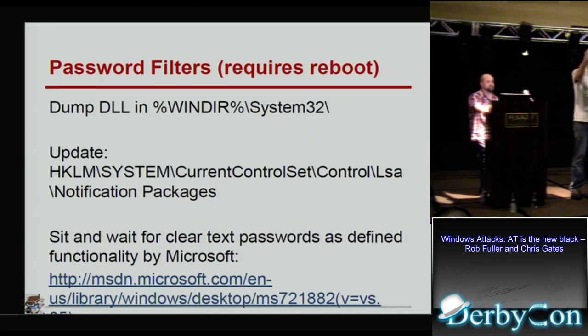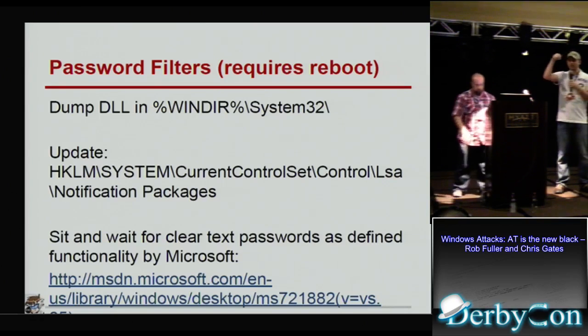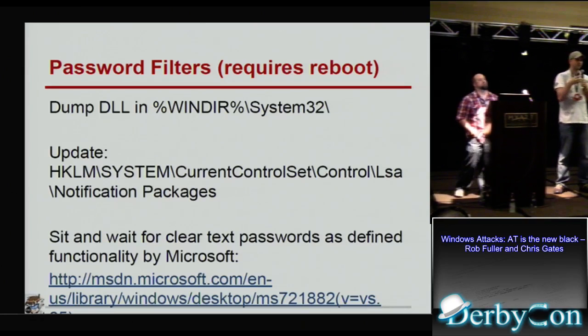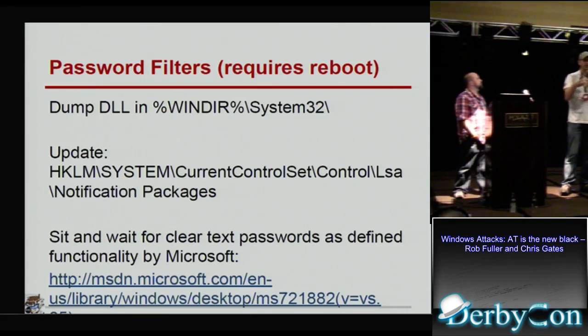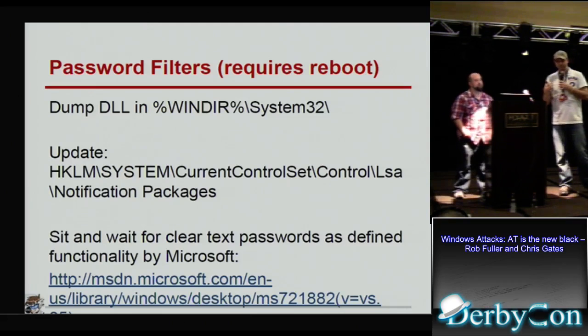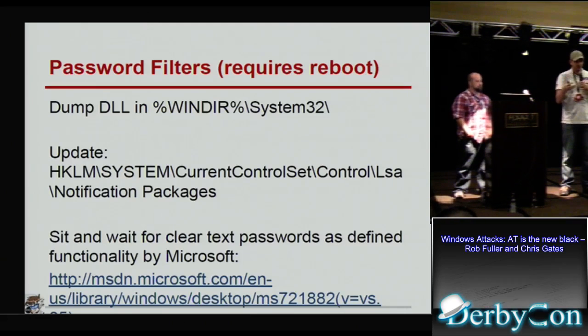So you dump a DLL that does all of this into System32 and tell Windows, hey, I have a new notification package that needs to be notified every time the password is changed so I can check against it. Well, it gets the clear text password and does whatever you want to it in a DLL that you can dump and name whatever you want.